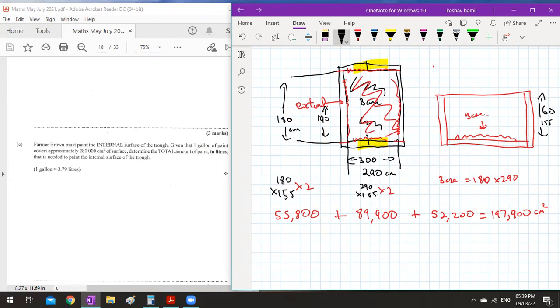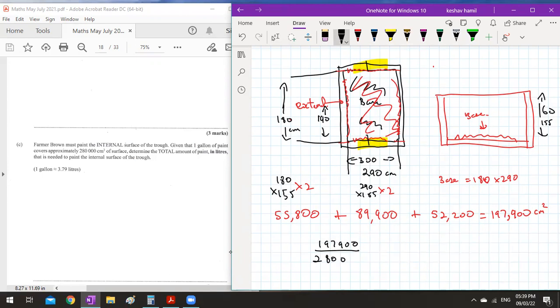So we say 197,900 over 280,000. Oh, I have it upside down. Because we're going to use less, it's 197,900 over 280,000.